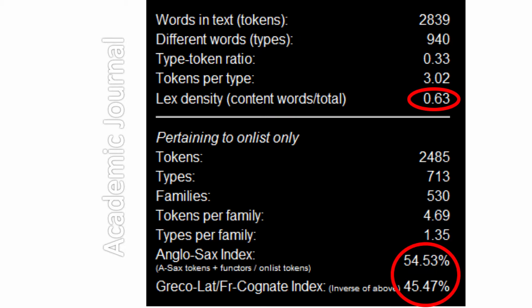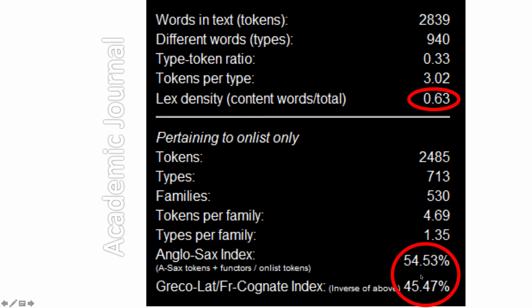Remember we talked about the Creole history of English, that it was the Anglo-Saxons who were mostly talking about the everyday life, sort of the easy to understand concepts, the physical world, where it was the Norman French and later Latin borrowings referred to much more esoteric, more abstract topics related to higher culture, to technology, to society. So the fact that only 54% of the words in this text are Anglo-Saxon is shocking.